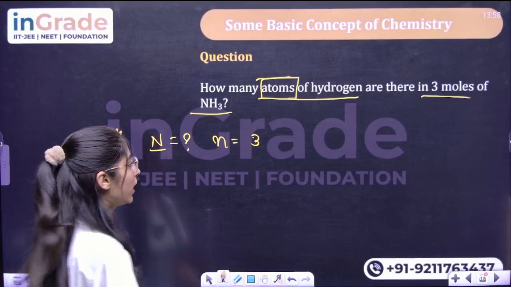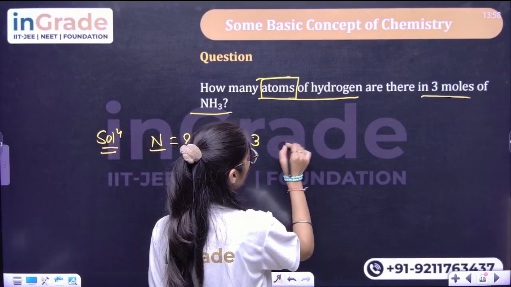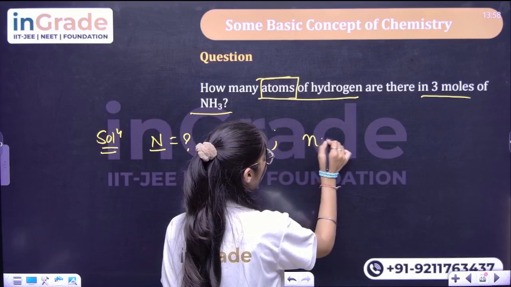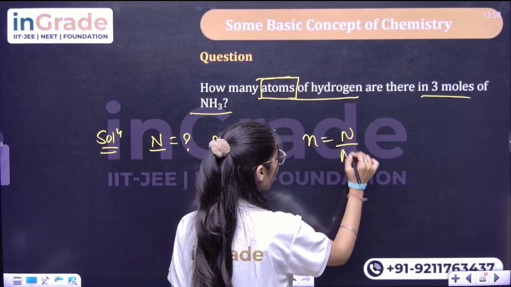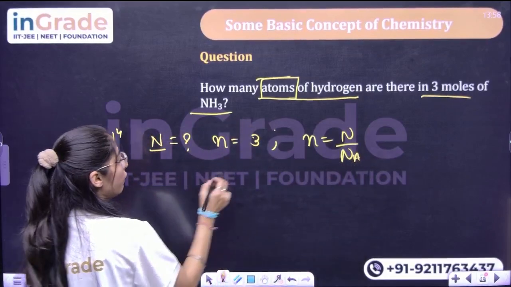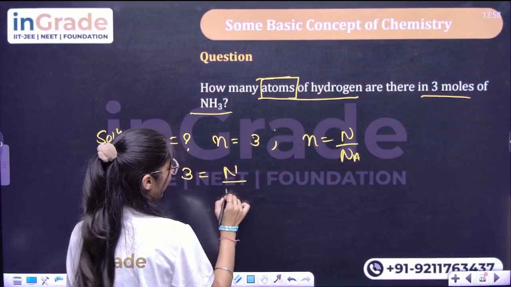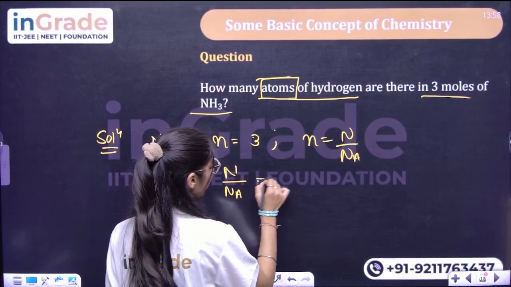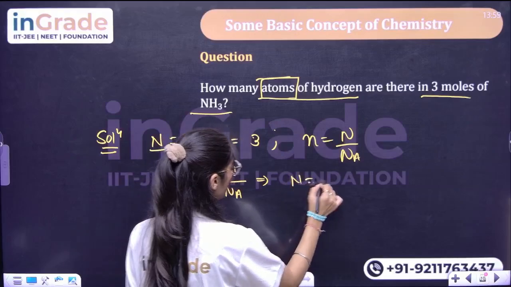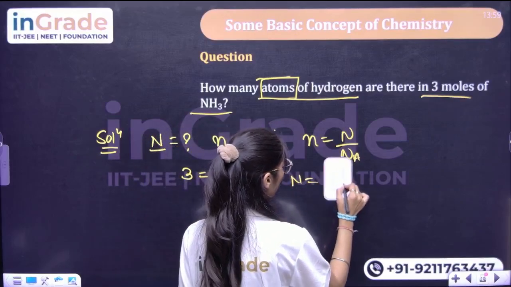So how are we going to calculate? Simply we are going to use the formula n is equal to N by N a. The value of n is 3, we have to calculate N, so N is equal to 3 N a.